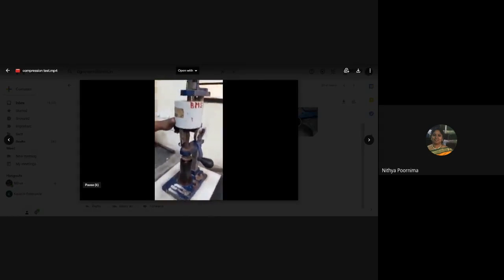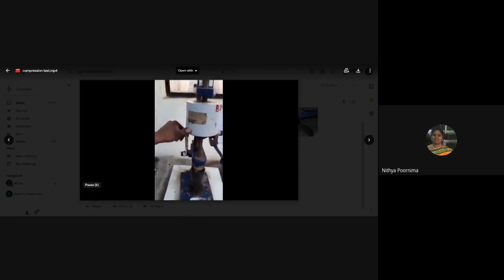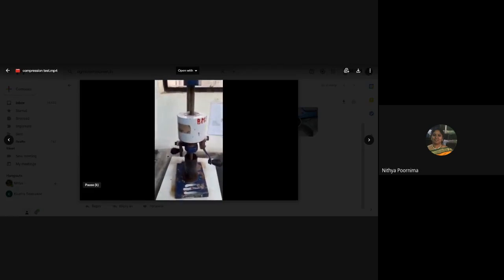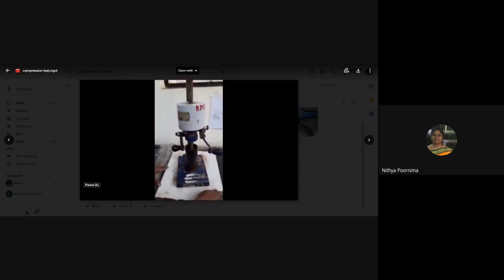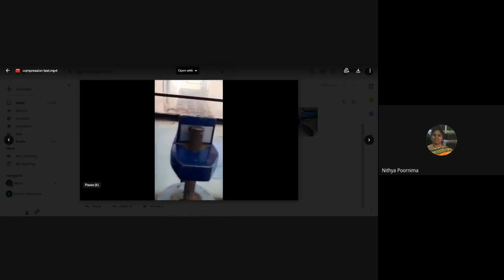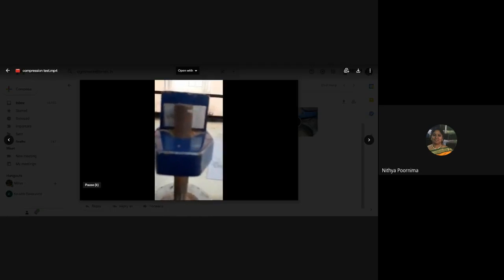Now using the rammer, you will ram: one, two, three. Using the stripper, you will remove the specimen.